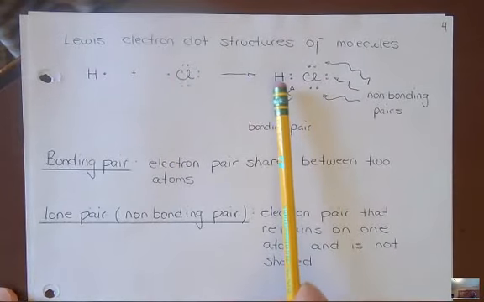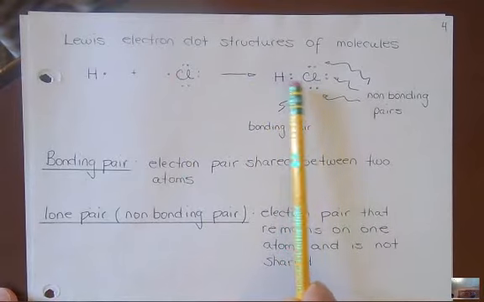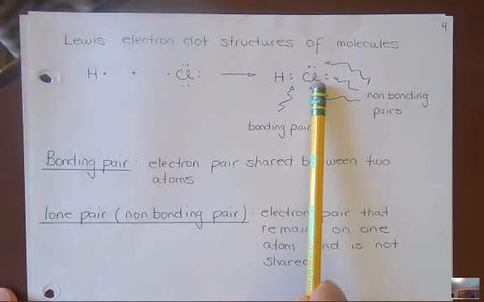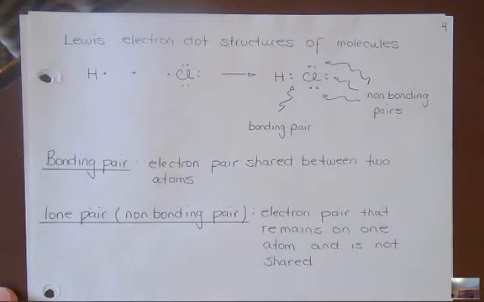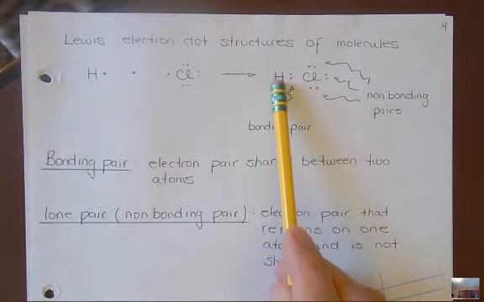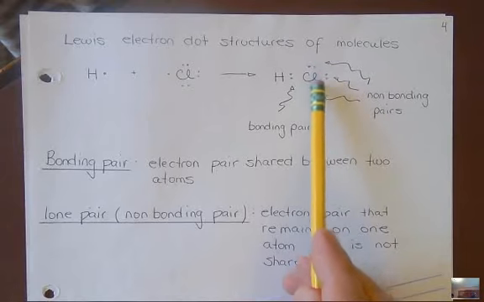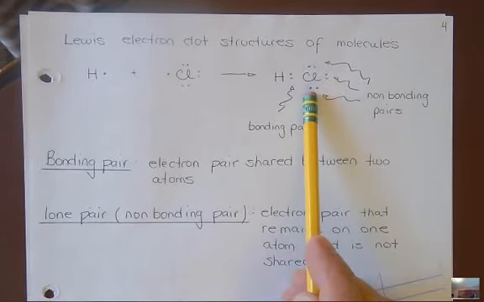Okay, so that's what hydrogen chloride looks like in the gas phase. That's what hydrochloric acid looks like aqueous. It's a hydrogen with 1 pair of electrons shared between it and chlorine. And then chlorine also has 3 other pairs of electrons that it owns all by itself. So these are given different names.